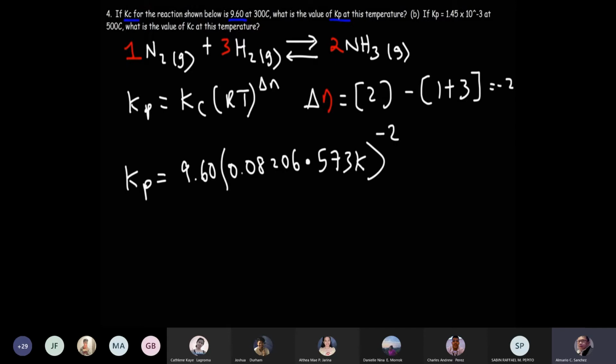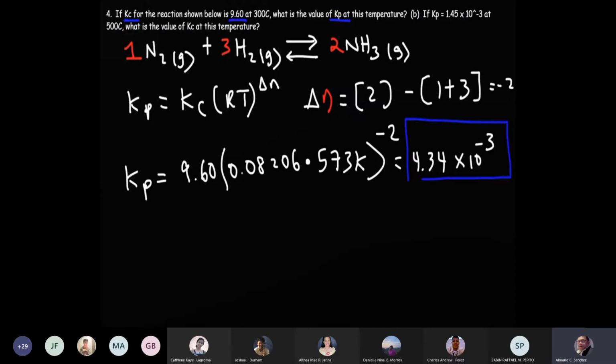So we're going to raise this to the negative 2 power. And that's going to give us Kp. So let's go ahead and plug that in. So this is going to be 4.34 times 10 to the negative 3. So that's the value of Kp for part A.